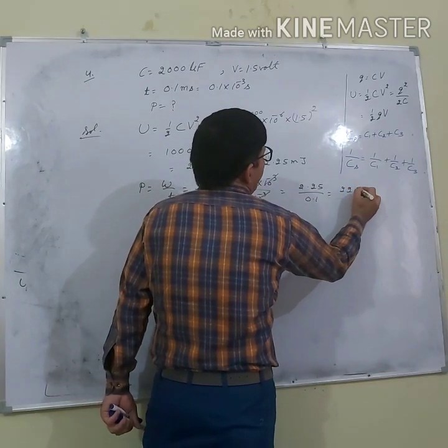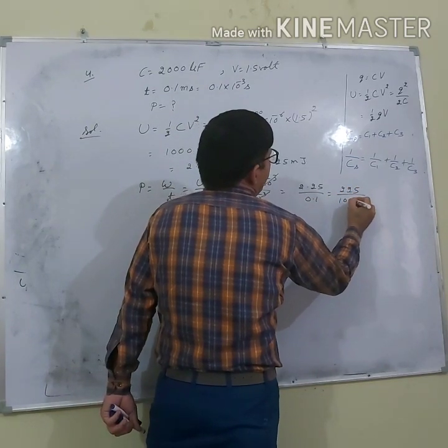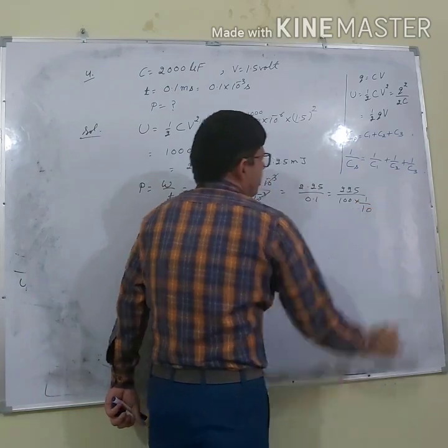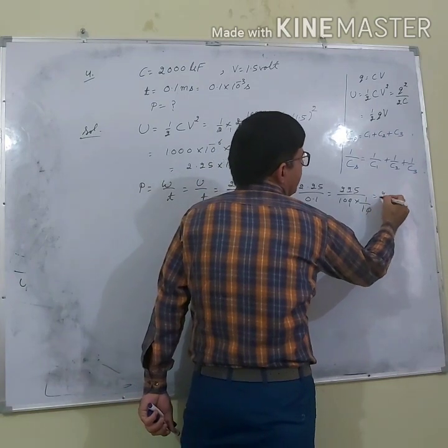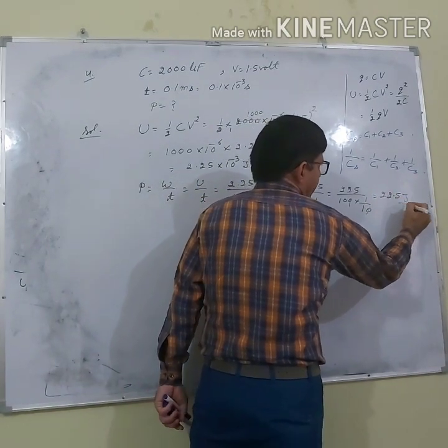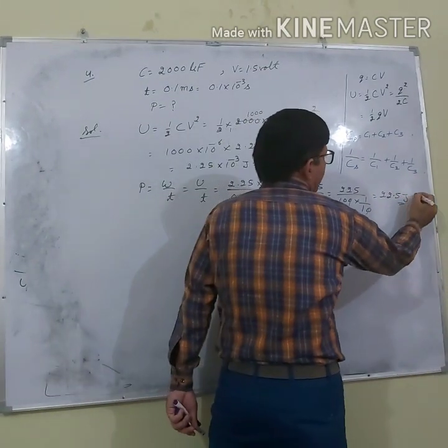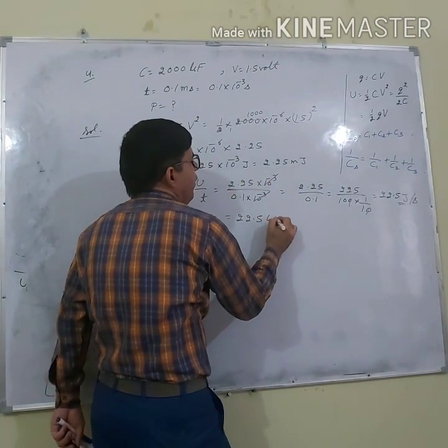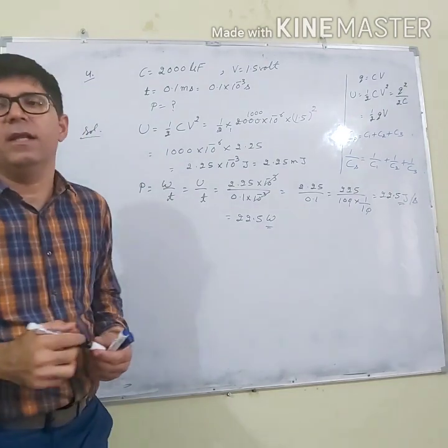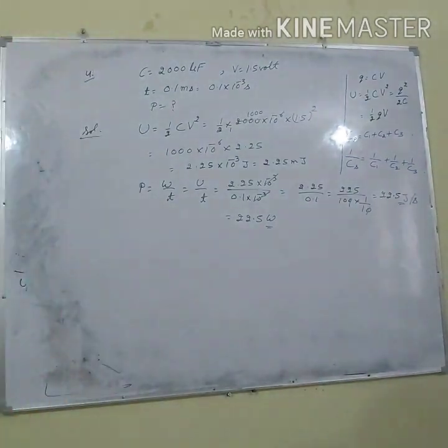Let's solve: 225 by 100 multiplied by 1 by 10. The 10 is cancelled, so the answer is 22.5 joule per second. So you can say power of 22.5 volt is generated in this case.